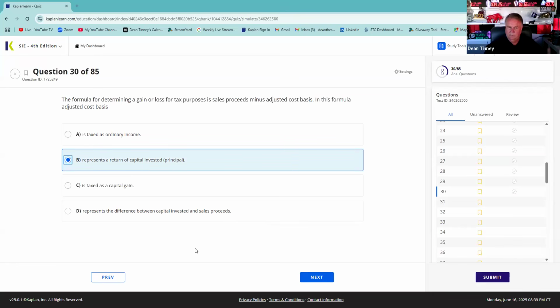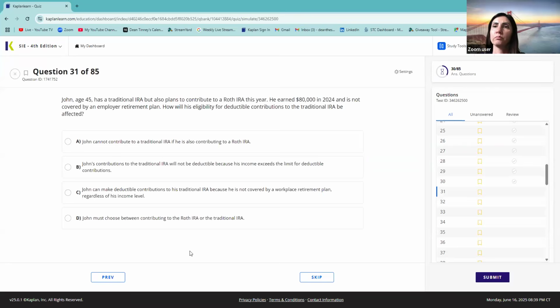And the difference between the sales proceeds and the cost basis is going to be taxed as a capital gain. I don't really like the question, but cost basis is again something you don't owe taxes on. Cost basis is simply when you turn your money into the investment, and sales proceeds is when you turn the investment back into money.